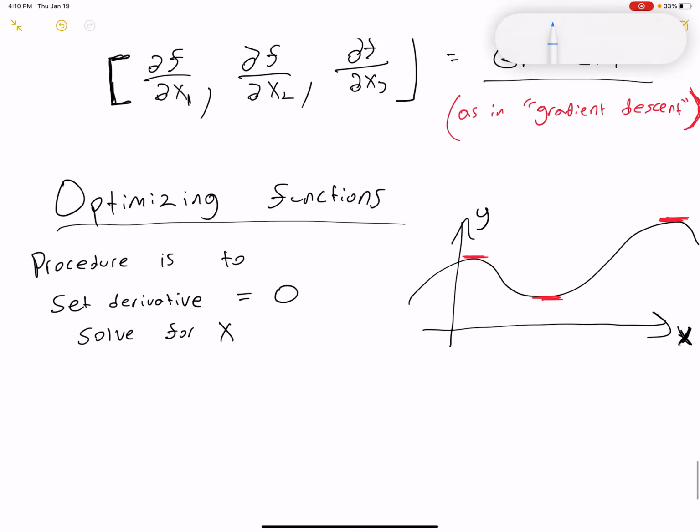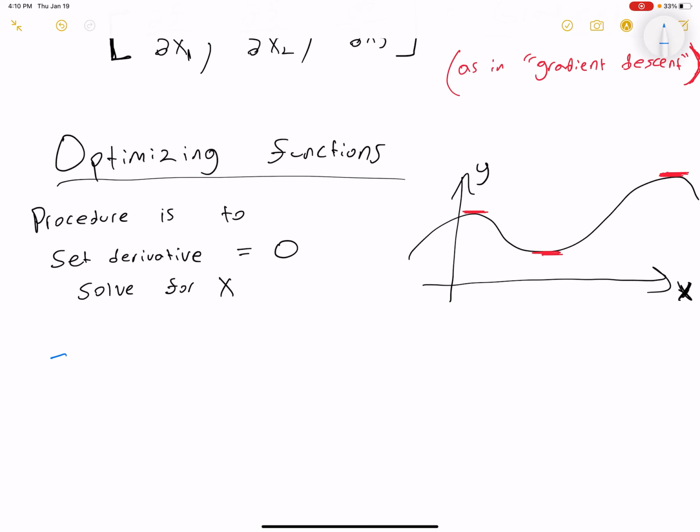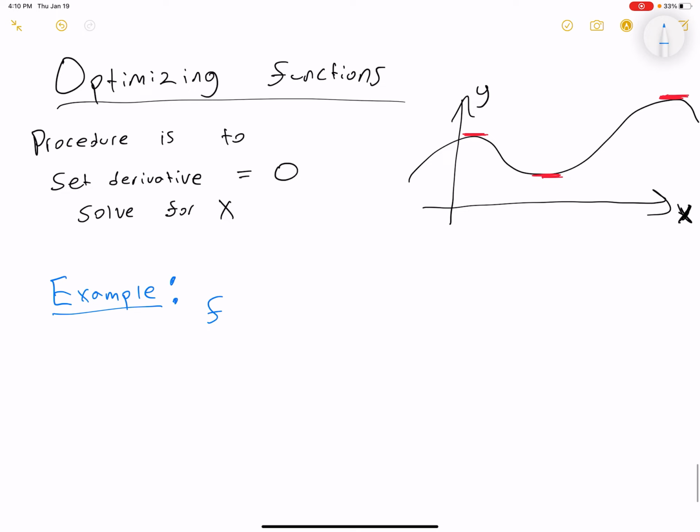But let's just look at an example. So let's say that we have the following function. f of x equals (x minus 3) to the 4th power plus 4.